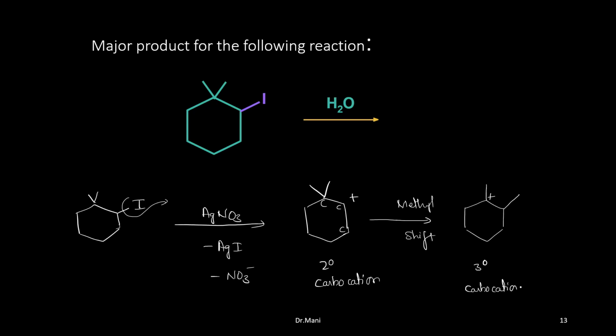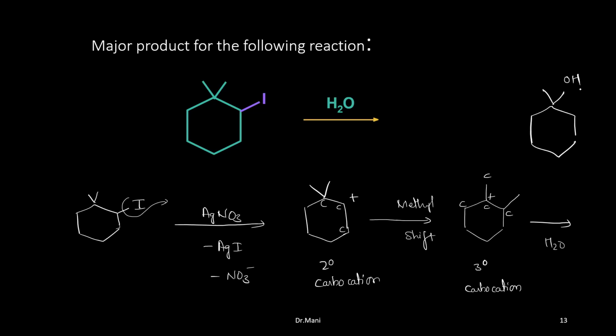Why do I call it a tertiary carbocation? If you see, this carbon is attached to this carbon, this carbon, this carbon. It is attached to three different carbons, so I call it a tertiary carbocation. Now in the presence of water, it will attach on this carbon, this positive charge. The OH group, the nucleophile, is now ready to attach at the tertiary carbon.